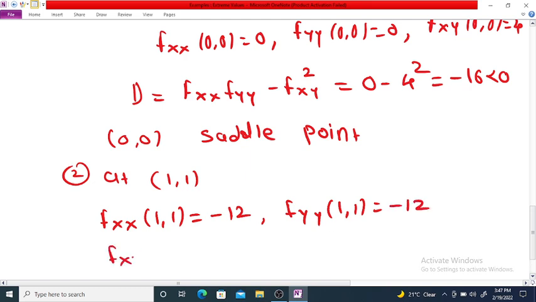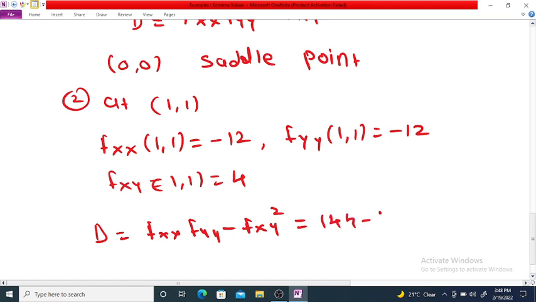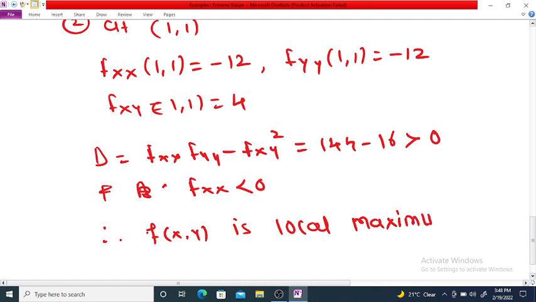And f of xy at 1 1 is equal to 4, and therefore D is equal to f of xx f of yy minus f of xy square, which is 12 into 12, 144 minus 16, which is greater than 0, and f of xx is less than 0, and therefore 1 1 is a local maximum.